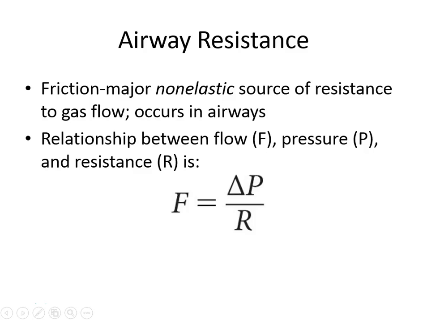So the first is resistance. Just like in blood flow, it has to do with friction. So anytime you've got less space, there's going to be more friction. Less space means molecules are going to be hitting each other and the walls more. And as you can see by this equation, as you increase resistance, your flow is going to decrease.